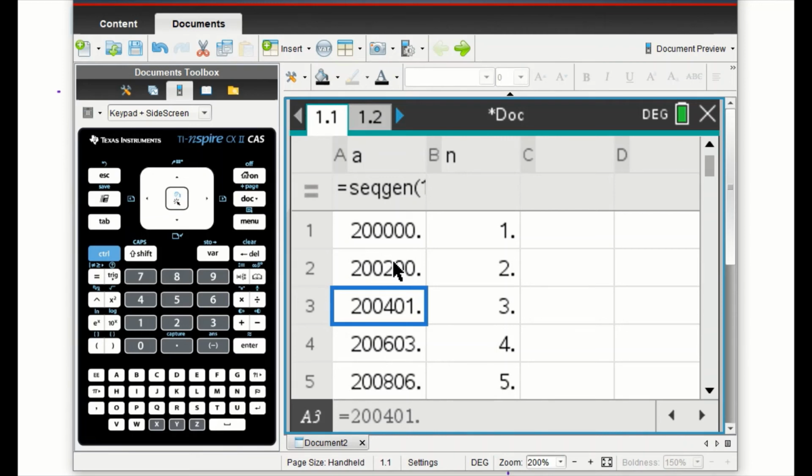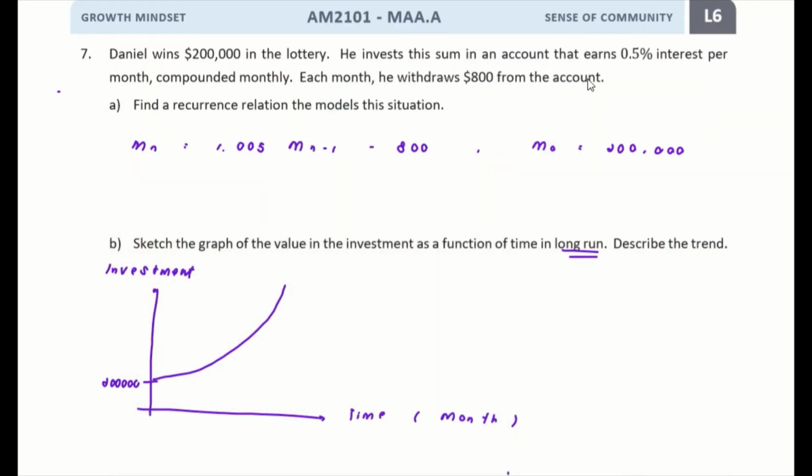This concept is correct if, let's say, for this question you only put your money in the account without withdrawal. It means that you put in some amount of money, after 1 month it generates interest, then after the second month it generates interest. So the increment that you see in your account is basically because of interest. Am I right? But for this case, what happened is that he invests the money, then after that he earns interest.